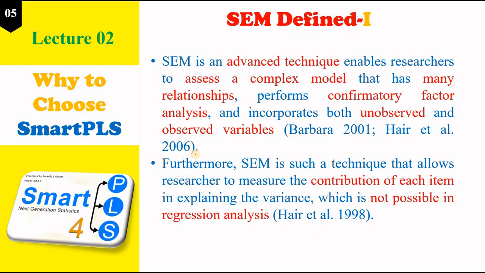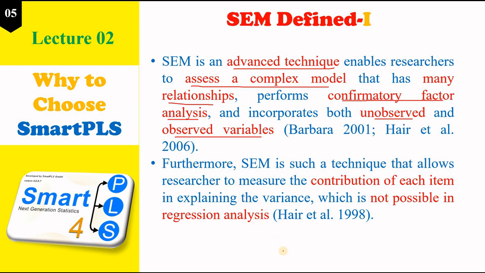Dear friends, if we talk about the same definition, SEM is an advanced and highly powerful technique because it can assess complex models, those models which have several relationships. It can also perform confirmatory factor analysis, CFA. It can also work on the unobserved variable, meaning the latent variable, as well as on the observed variable.